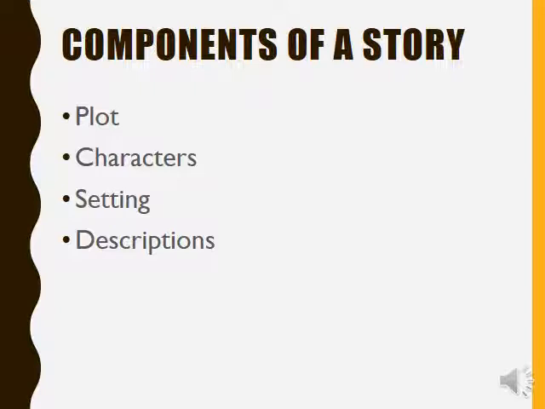So what happened at the beginning, what happened in the middle, and what happened at the end. The characters are the people who are acting in the story. Setting is the time and place. When and where did the story take place?